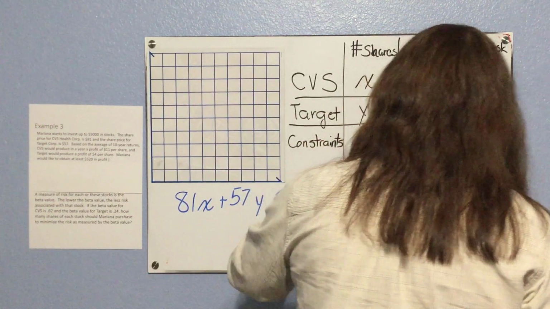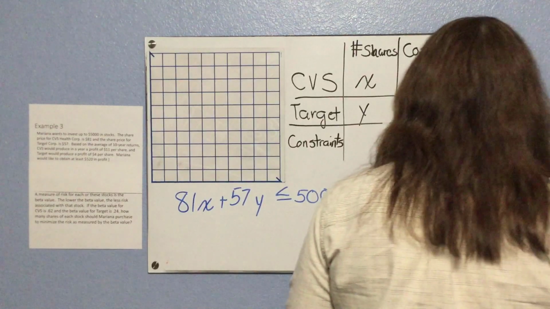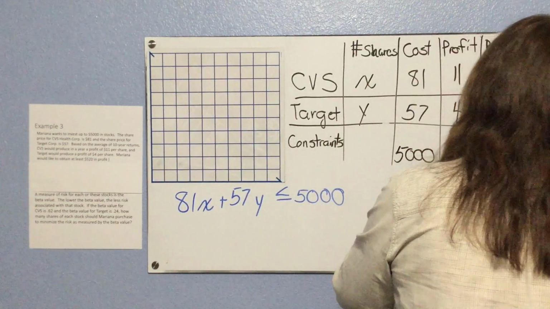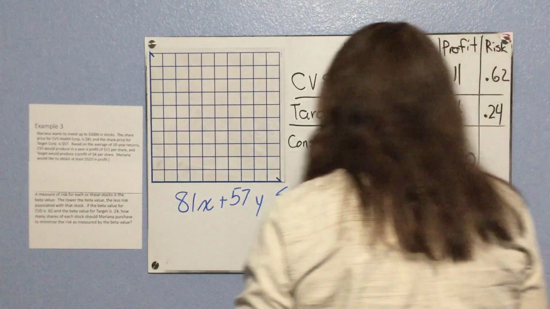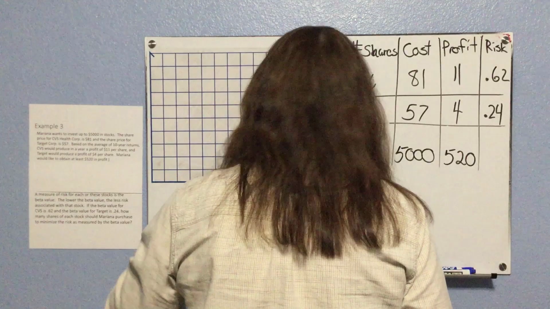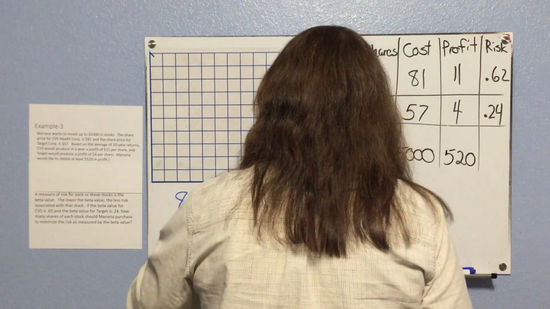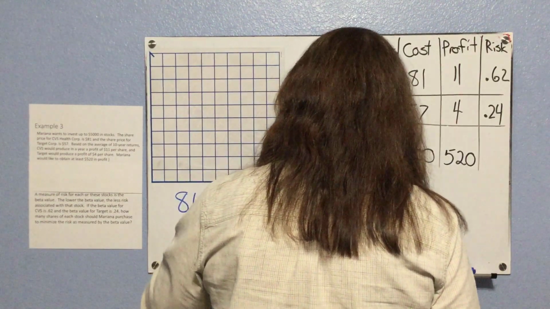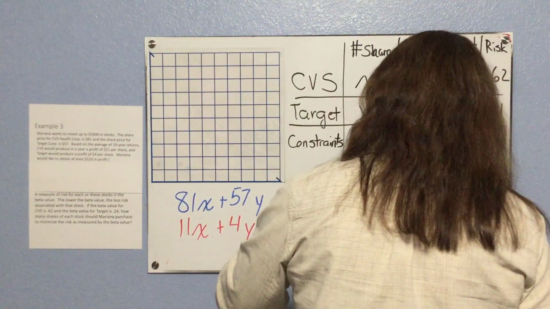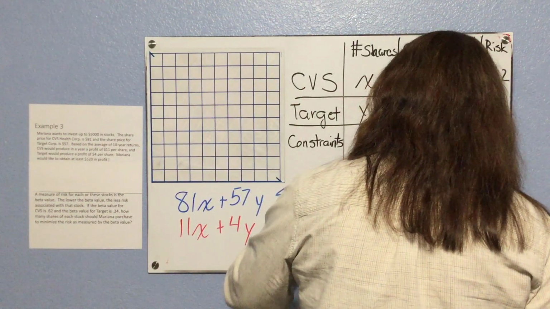That's all the money I've got. And now for my profit, I have 11x plus 4y, and I want that to be at least, so greater than or equal to $520.